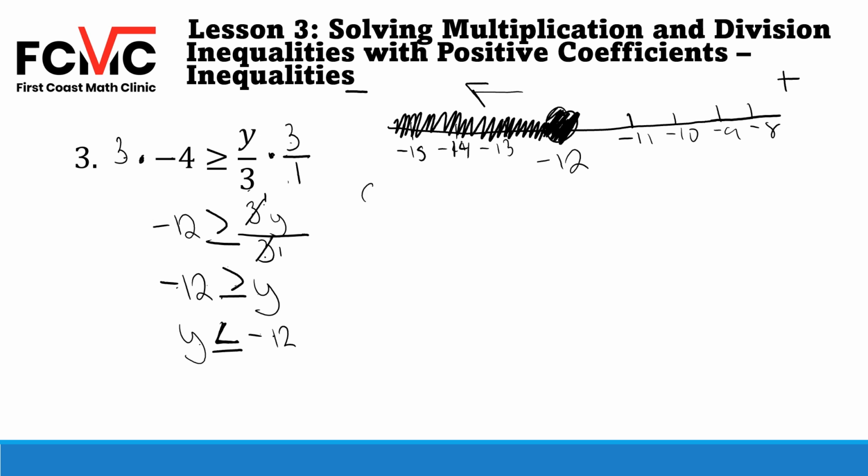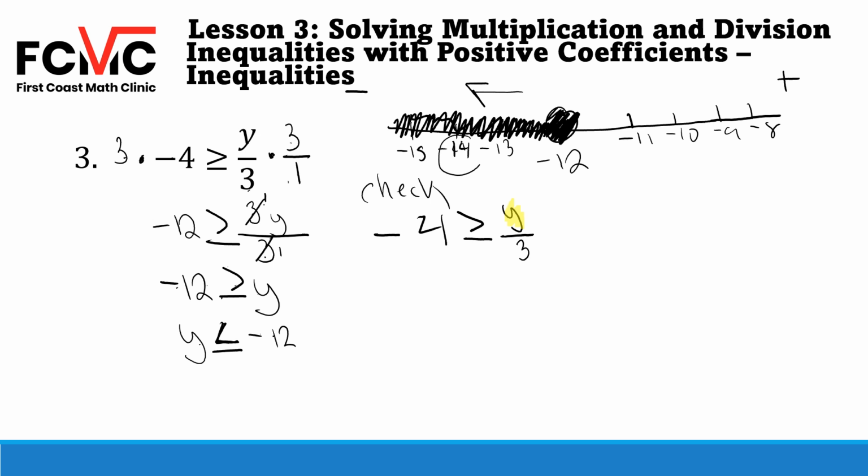Now for our check, we want to substitute a value into our inequalities for negative 4 is greater than or equal to y over 3. Now think about this. Whatever value we substitute in for y, we're going to be dividing by 3. So we want to pick some decent values, right, from this solution set.